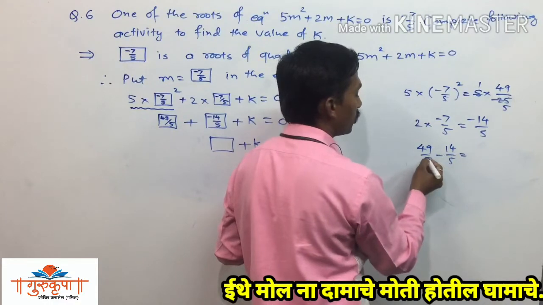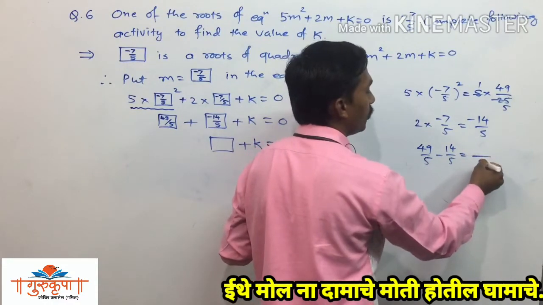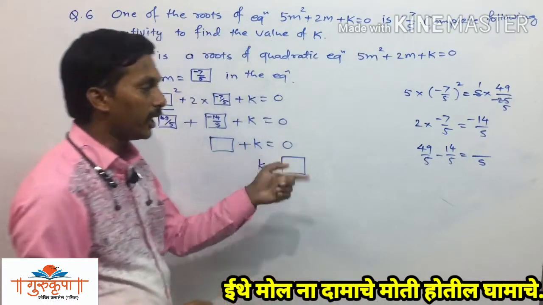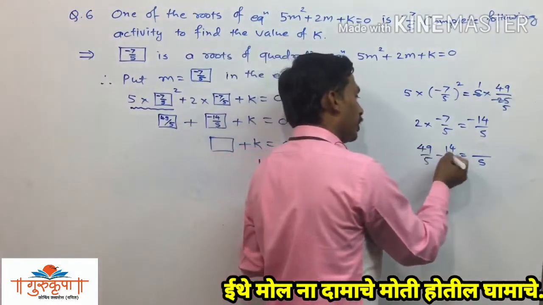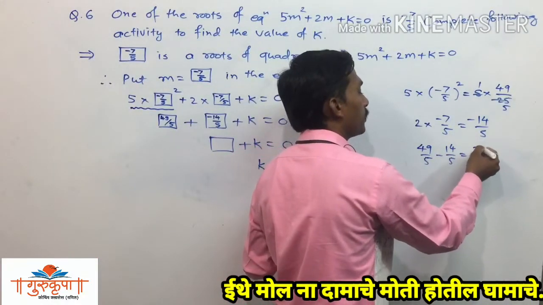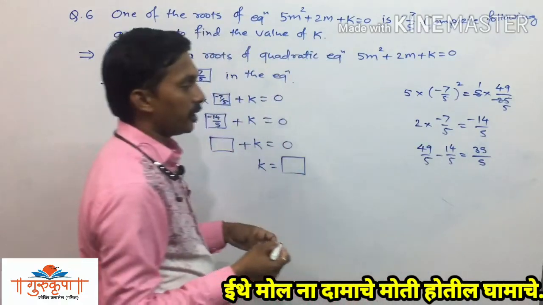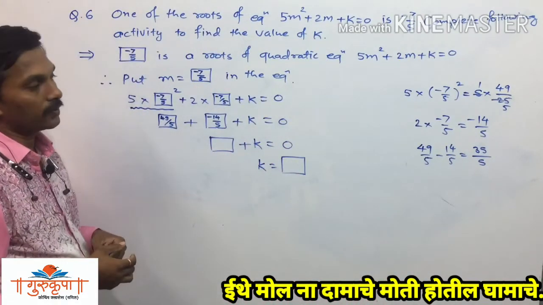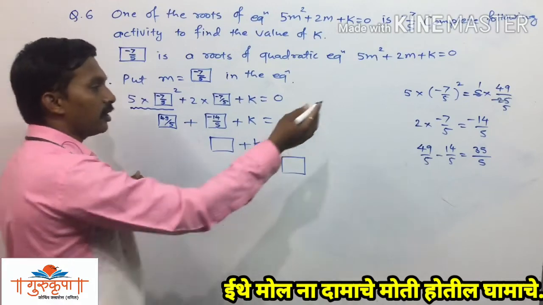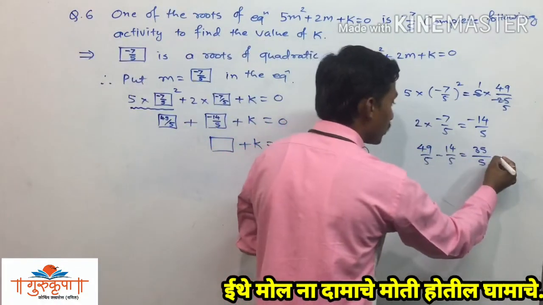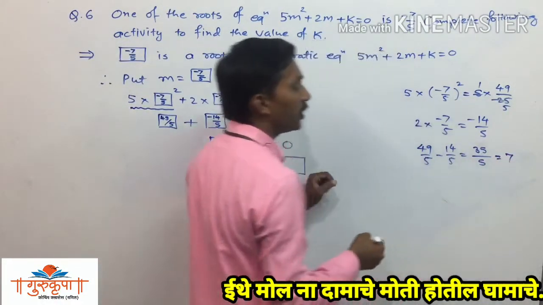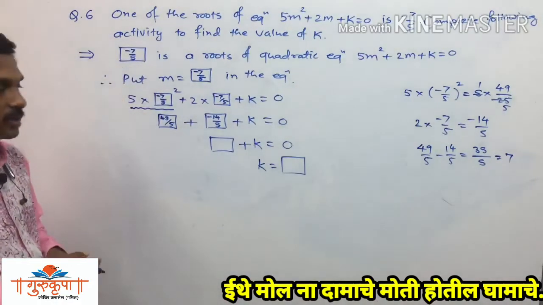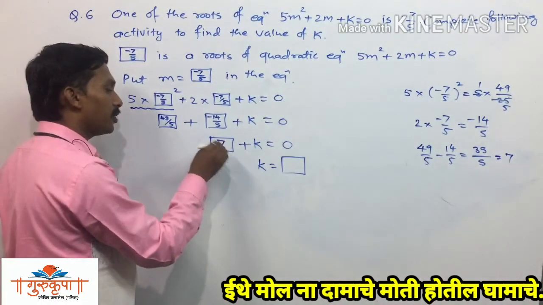Since the denominators of both fractions are the same, we put 5 in the denominator and directly subtract 49 minus 14 in the numerator, and that will be 35. So 35 upon 5 means, again you can simplify this, 35 upon 5 means 7. So we will put 7 there.